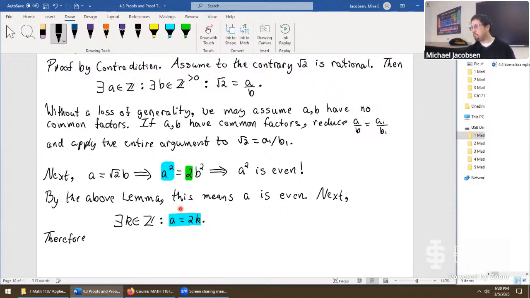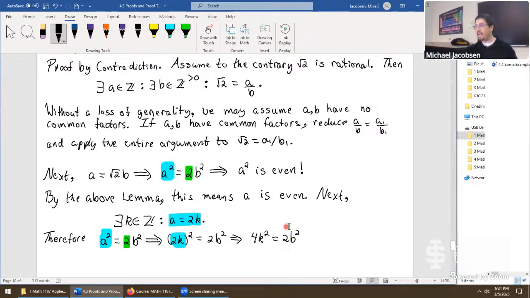Therefore, a squared equals 2b squared implies, let me match up that color coding, 2k squared equals 2b squared. Then that implies over here we have 4k squared equals 2b squared. A little bit more algebra, we can divide, solving for b squared.